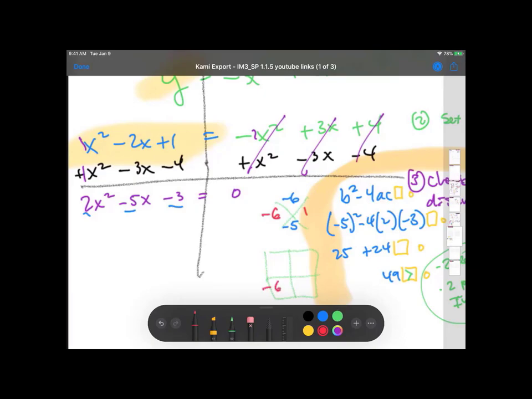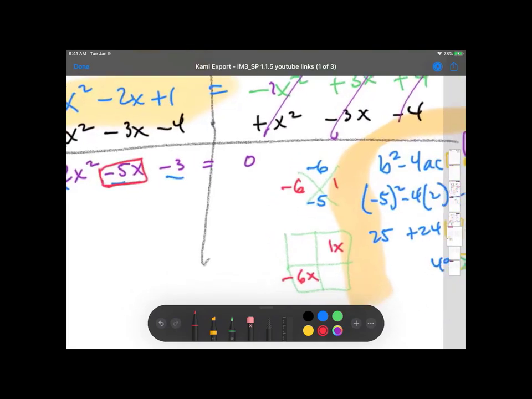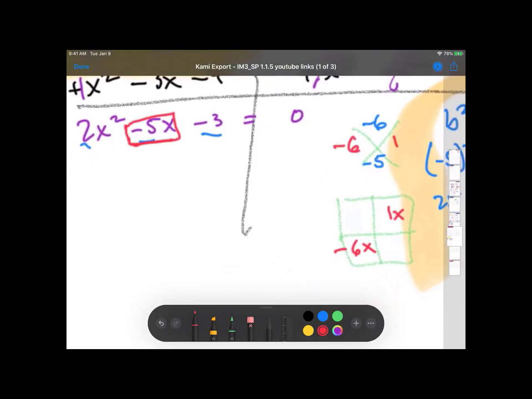Those two numbers work. Negative 6 and 1, you're going to put an x on those because it splits the middle term here. And then 2x squared, that's going to go into the top left always, and the c value will always go into the bottom right.